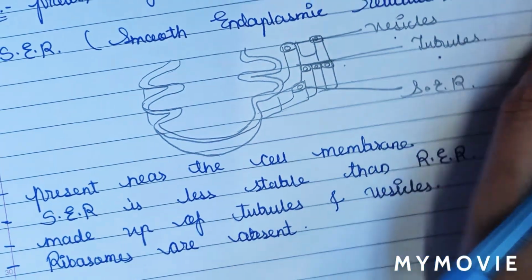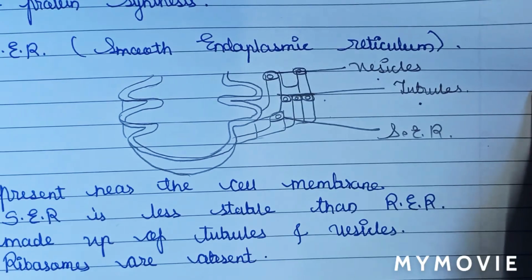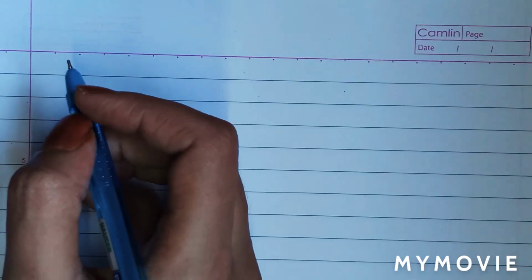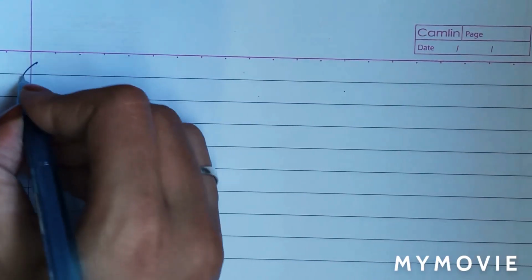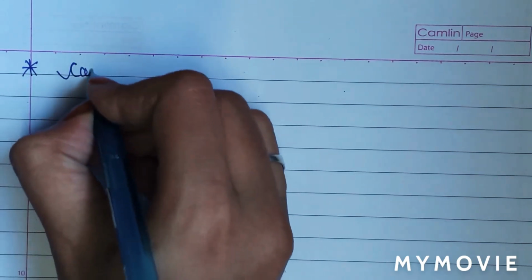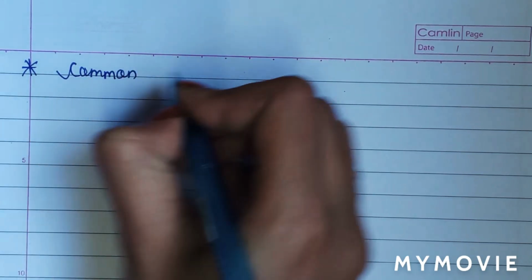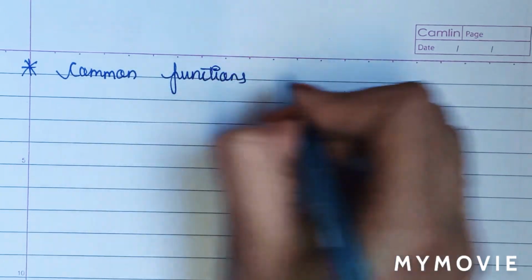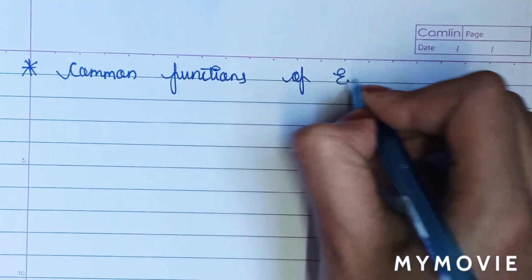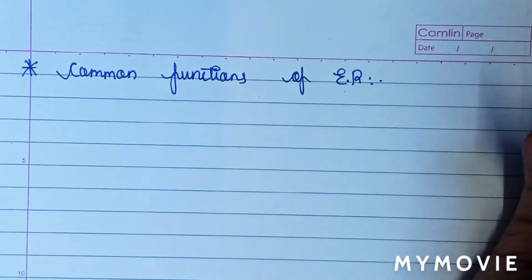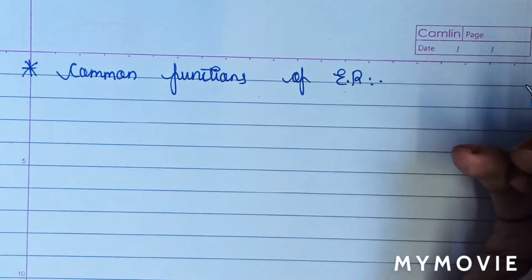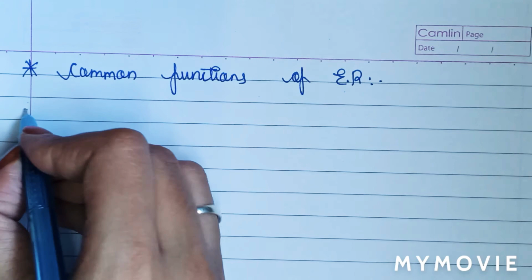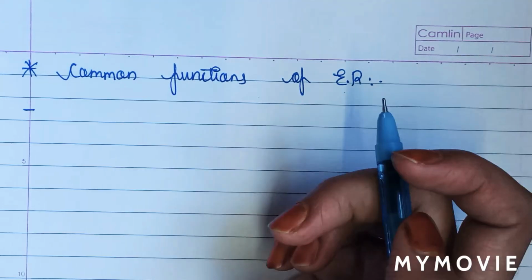Now we will see the common functions of endoplasmic reticulum, which involves rough endoplasmic reticulum as well as smooth endoplasmic reticulum. So the first one we will see.